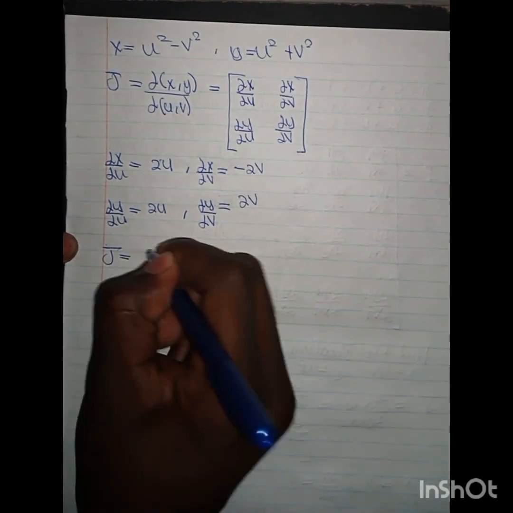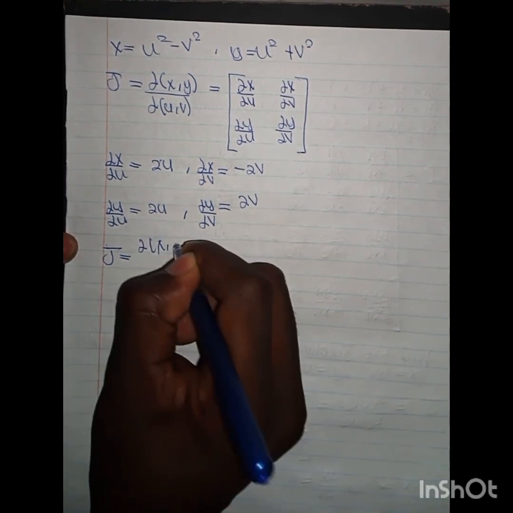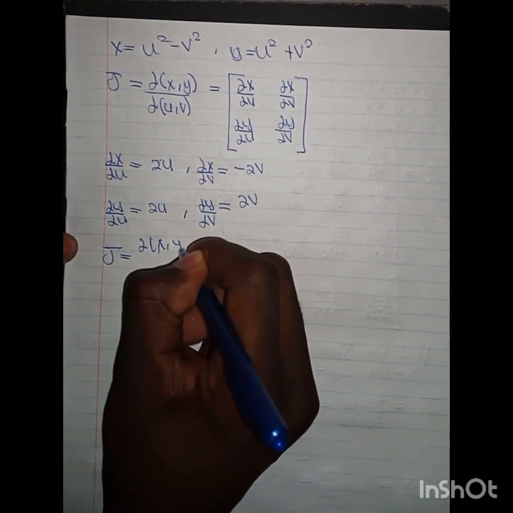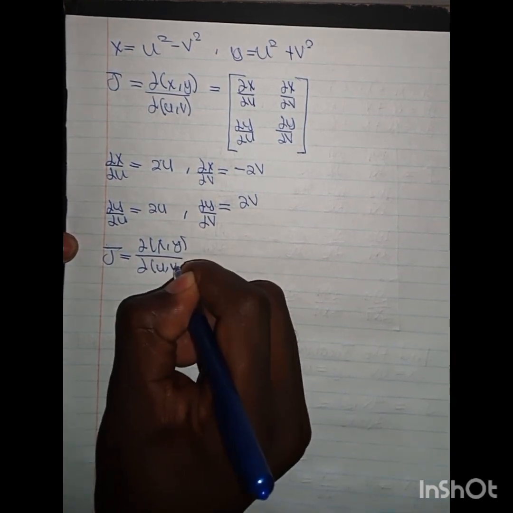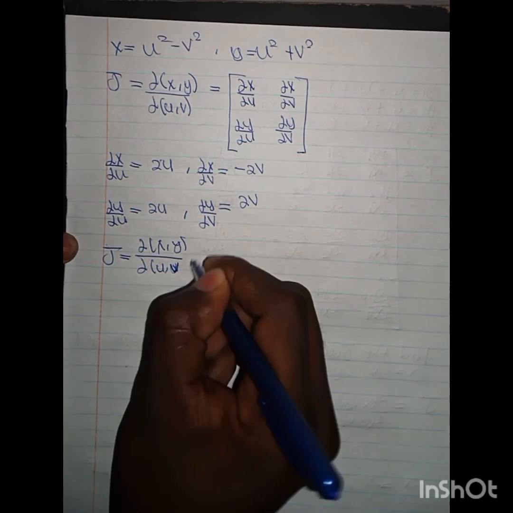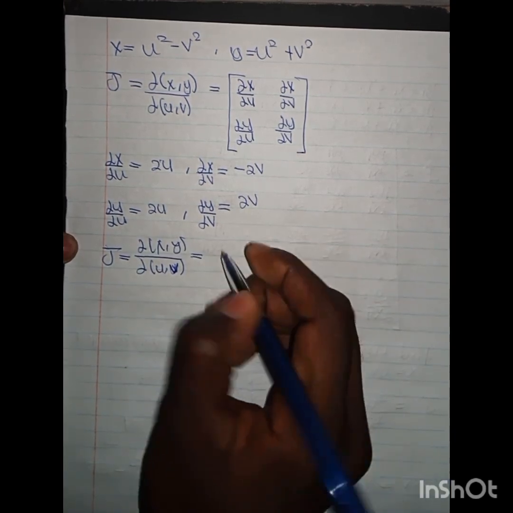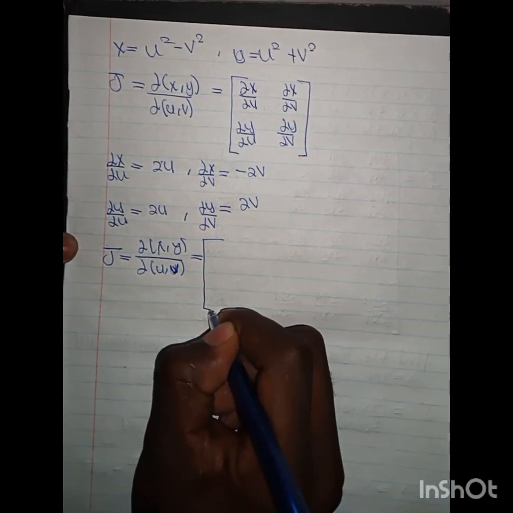So J is equal to the differentiation of x and y over the differentiation of u and v, given by the following matrix.